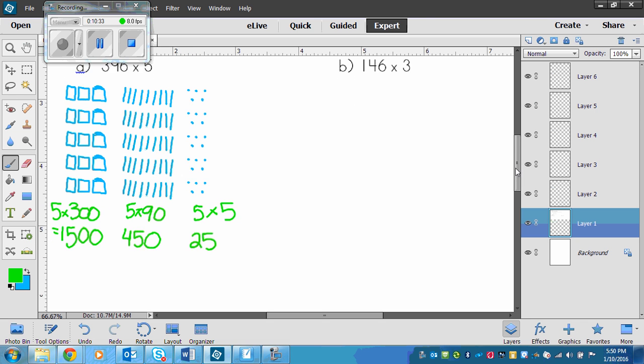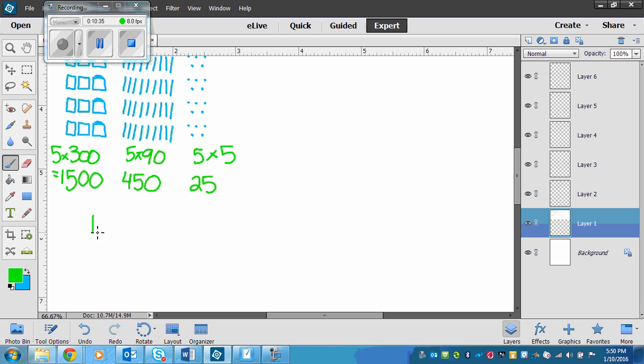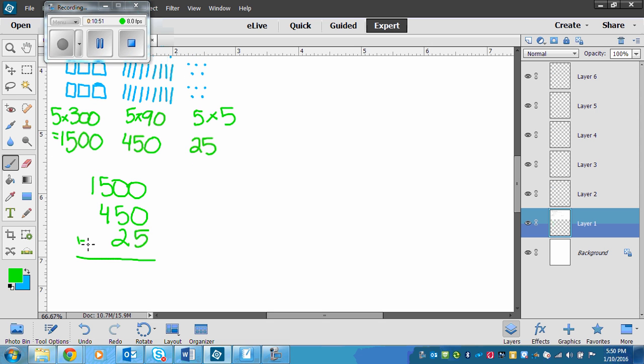Now, since these are a little bit bigger numbers, I'm going to write them one on top of the other like we learned in one of our previous units when we're adding multiple numbers that are larger. Oops, that's not a straight line. There we go. So adding those 3 up, I will get 5 down here, 7 tens, 9 hundreds, and 1,000.